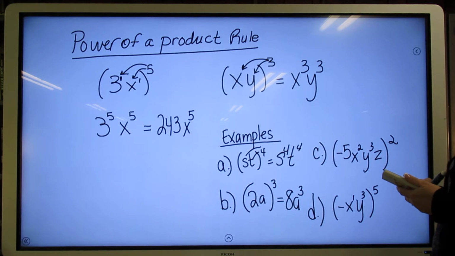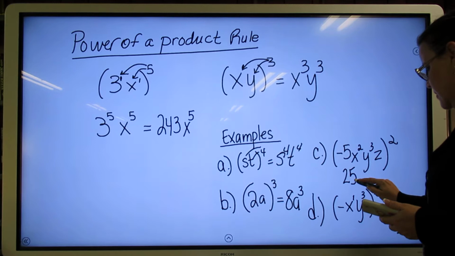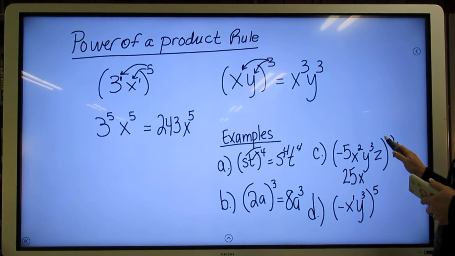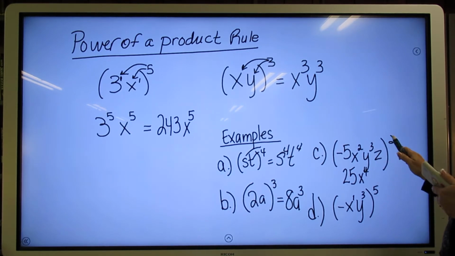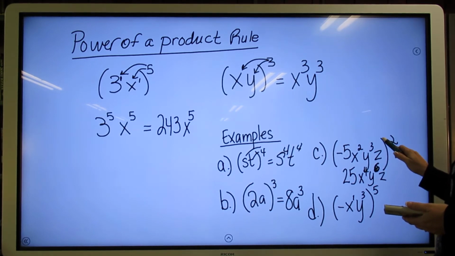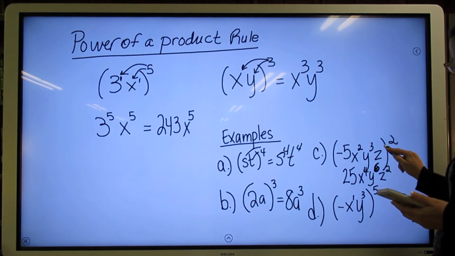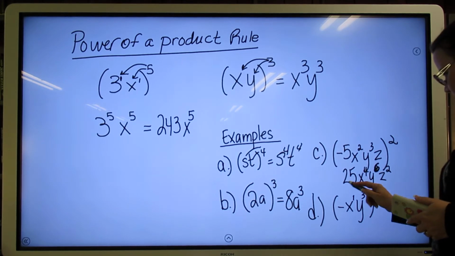There we go. So negative 5 squared is going to be 25. And then x squared, 2 times 2 would be 4. y to the 3rd squared would be 3 times 2, would be 6. Sorry about my writing there. And then z squared is exactly what I said, z squared, right? Because that's a little 1, and 1 times 2 is 2, right? So that would be your final answer for that one.